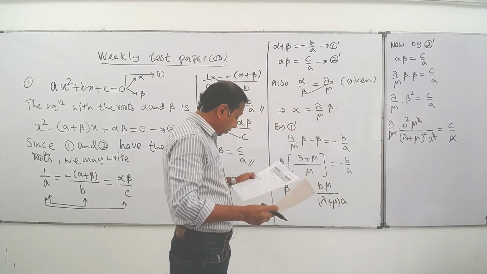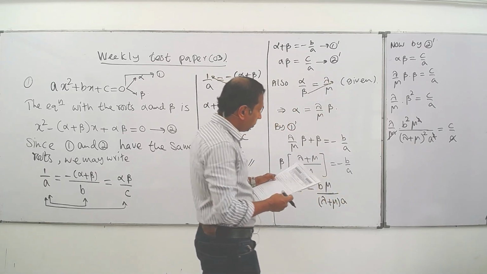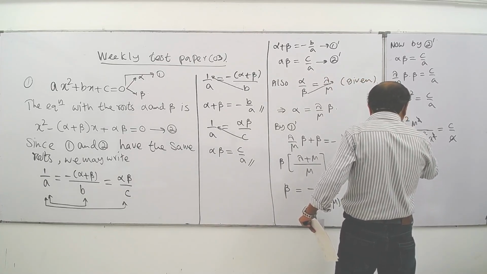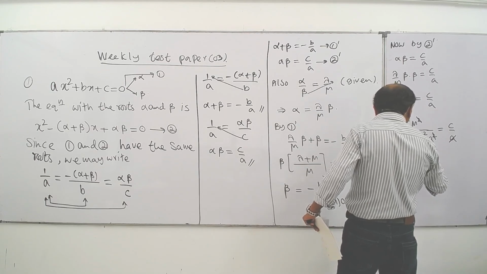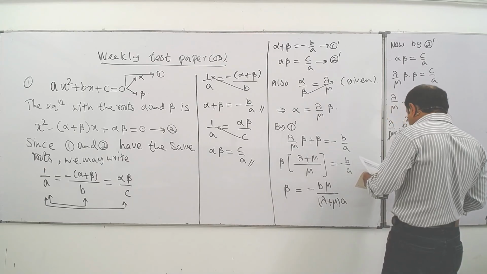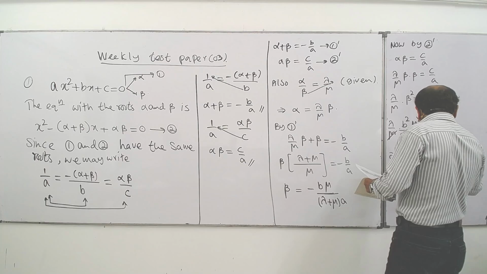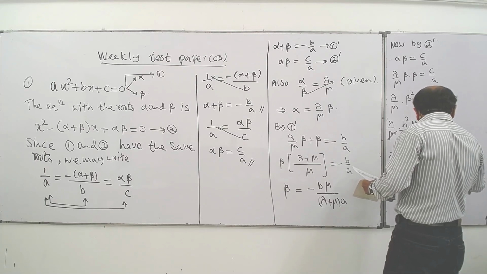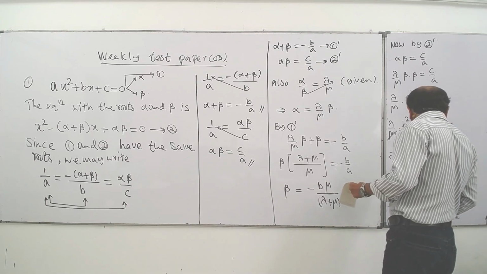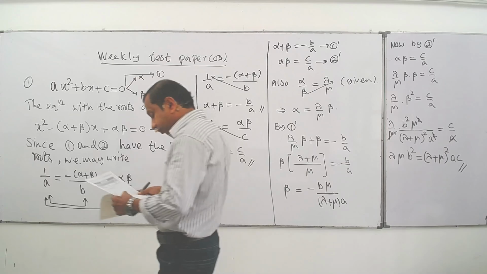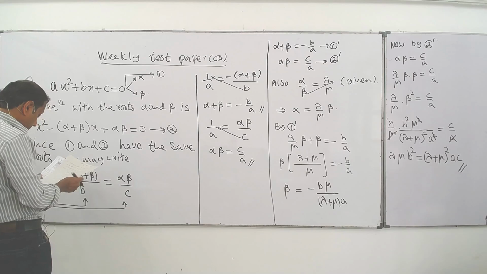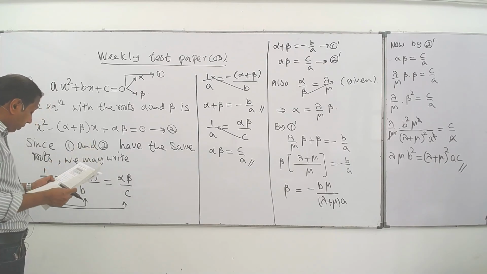Then the answer: lambda mu b squared is equal to ac into lambda plus mu perfect squared. This way we get that answer. Okay, next one.